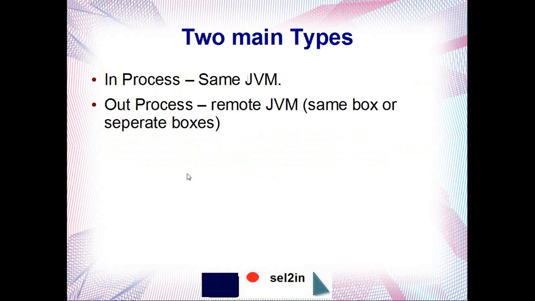Now coming to the types of cache, we have 2 main types. One is a cache which is on the same JVM, and a good example of that is Whirlycache or the LRU hashmap implementation which Java gives out of the box now, at least if you're using Java 6 or above. I'm not sure when it came out, maybe Java 5.